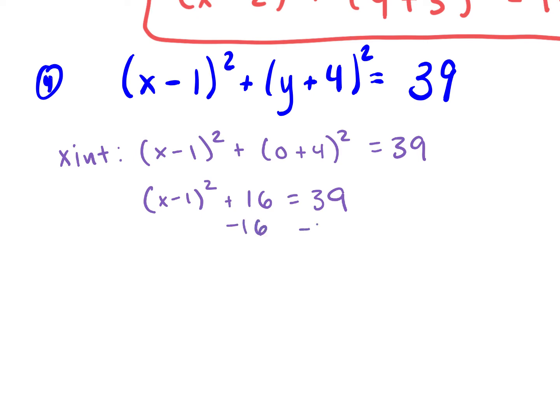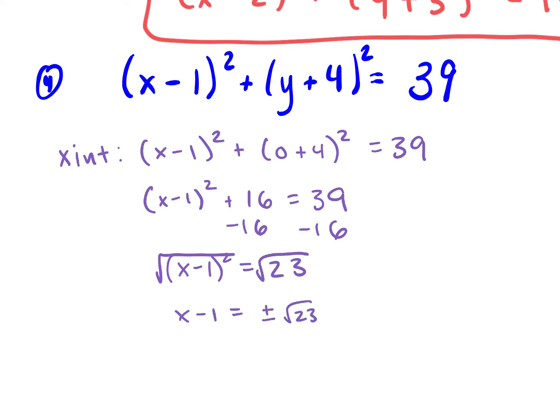Subtract 16. So x minus 1 squared is equal to 23. What's next? Take the square root of both sides. So x minus 1 is equal to what? Plus or minus the square root of 23.